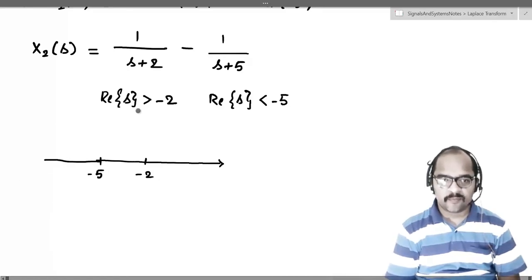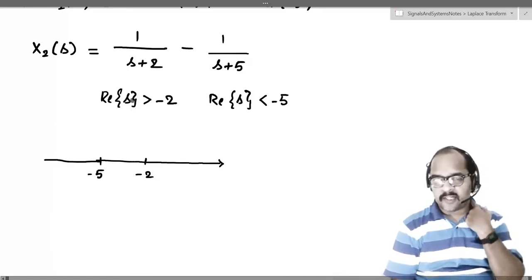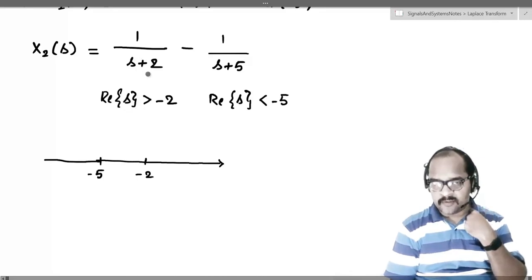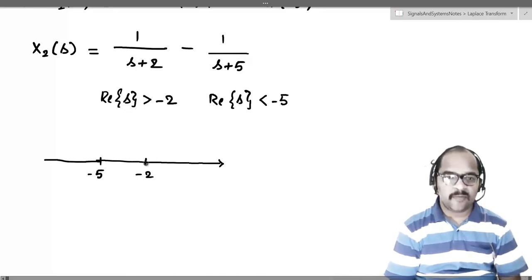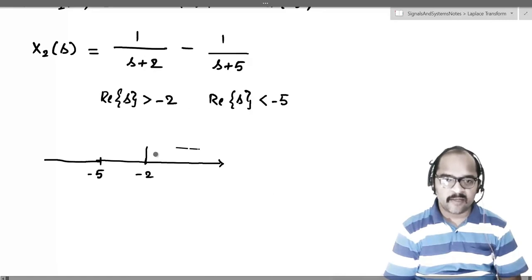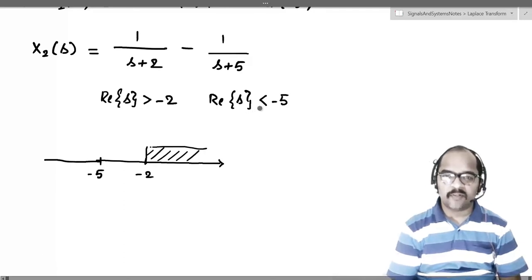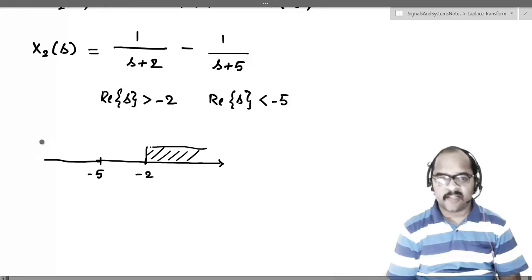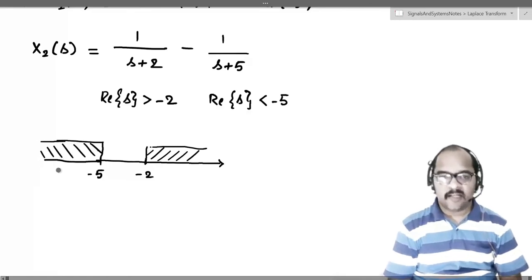The ROC of the first Laplace transform is real part of s greater than minus 2, which is like this. The second is real part of s less than minus 5, which will look like this. This is the region where real part of s is less than minus 5.